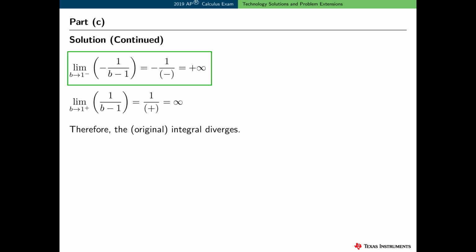I'll take a look at the limit of the first expression. Well, really the part involving minus 1 divided by b minus 1. Now here's how I evaluate this type of limit. As b goes to 1 from the left, the numerator is constant, so it's going to 1. The denominator is going to 0 through small negative numbers, and I represent that behavior with a negative sign in parentheses.